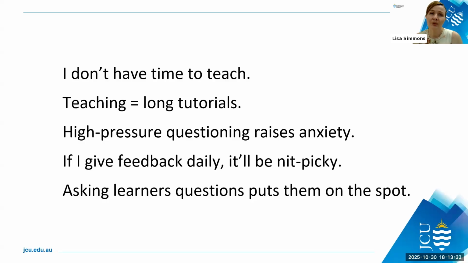That memory makes us avoid using questions in our own teaching. We often conflate formal appraisal with informal feedback, so frequent comments feel intrusive. We don't want to embarrass our learners or disrupt the flow of care, so we avoid pushing our learners with questions. So all these concerns are understandable in busy clinical work. The misconception is that questioning mostly slows us down.